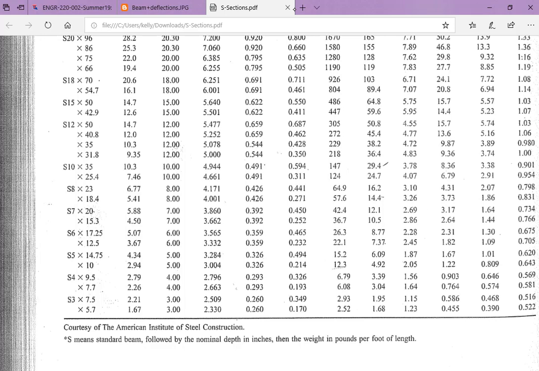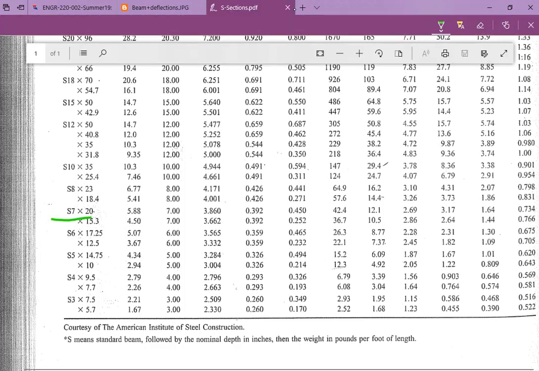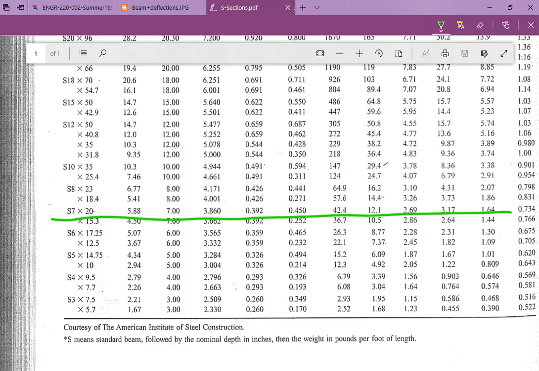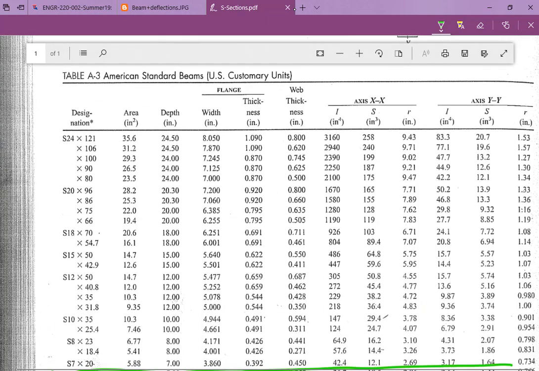Let's do S7 by 20. That's the one I want to do for some reason. So we need the moment of inertia really is all we need from here. We do have the XX and YY versions. I didn't say anything about this beam turned sideways, so let's assume I'm using XX, which is going to be this column.